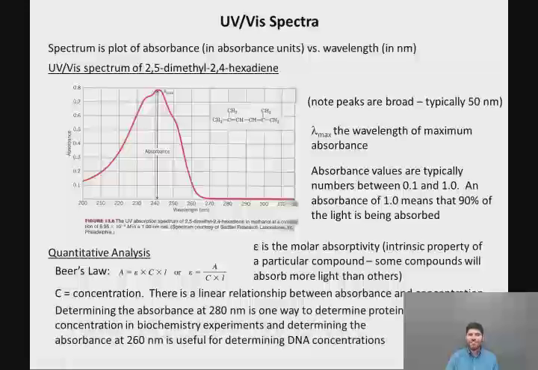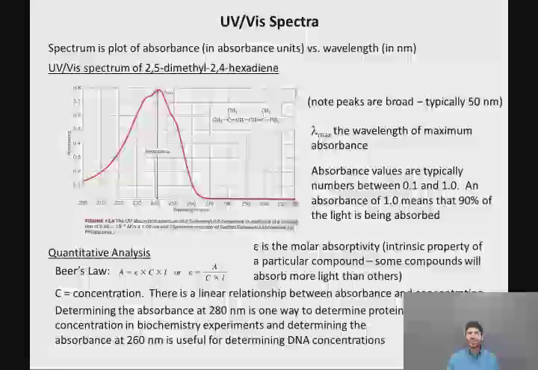This becomes very useful in biochemistry because measuring the absorbance of a solution at 280 nanometers is one way that biochemists determine protein concentration in solution, and determining the absorbance at 260 nanometers is useful for determining the concentration of DNA.